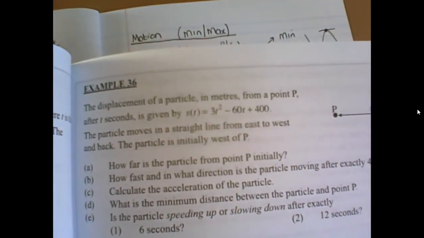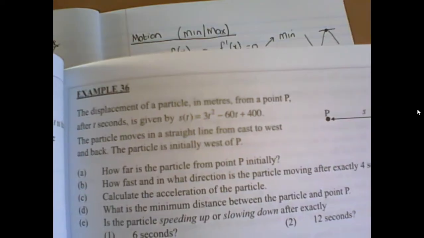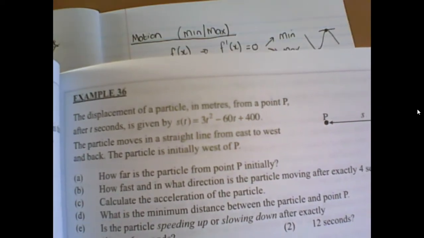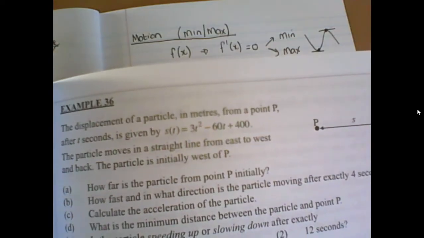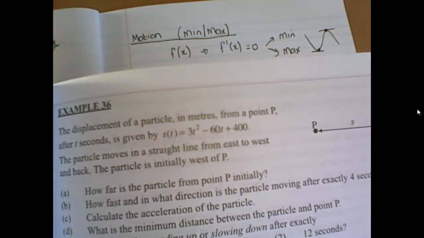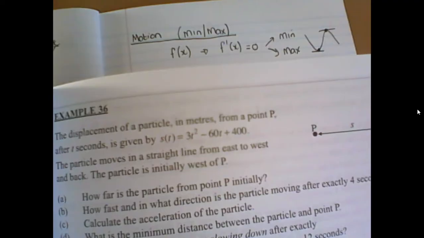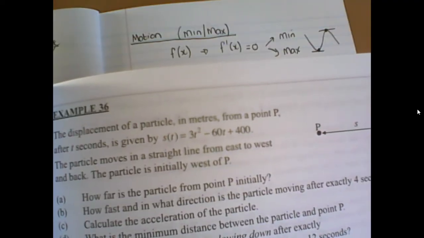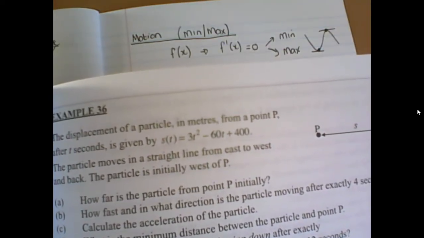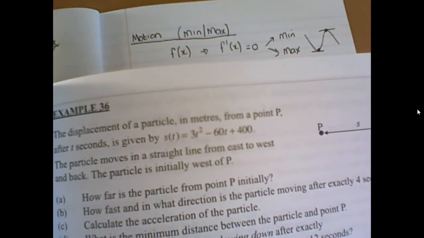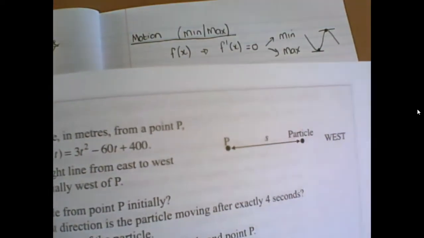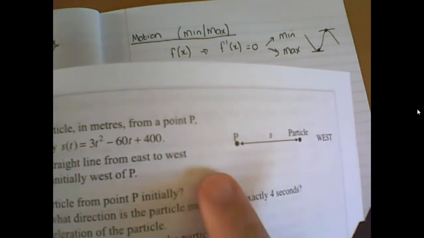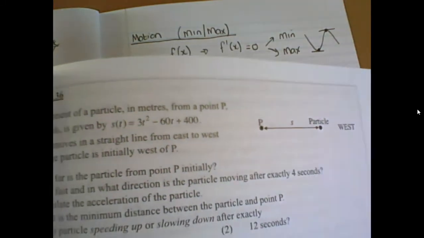The displacement of a particle in meters from a point P after t seconds is given by s(t) equals 3t squared minus 60t plus 400. The particle moves in a straight line from east to west and back. The particle is initially west of P. So there is a particle and it's moving up and down like that.